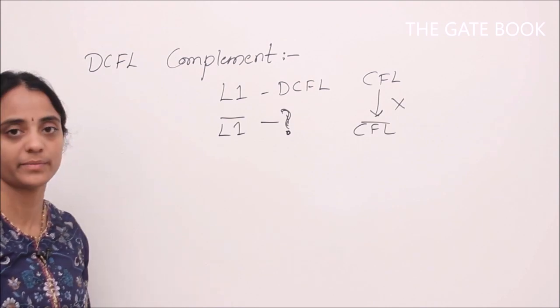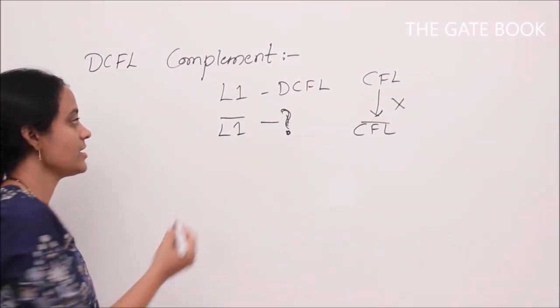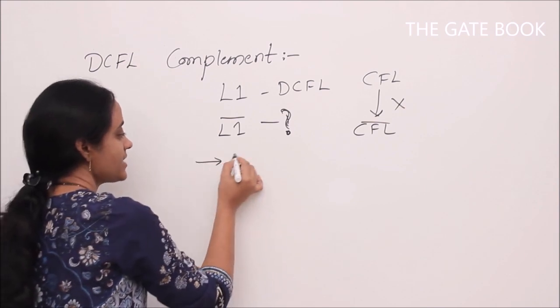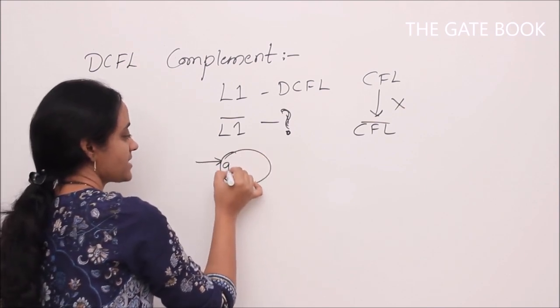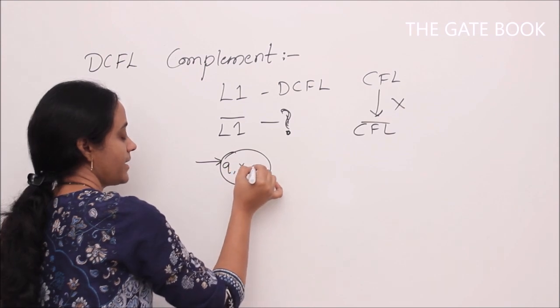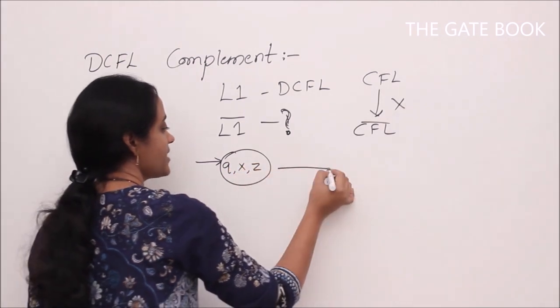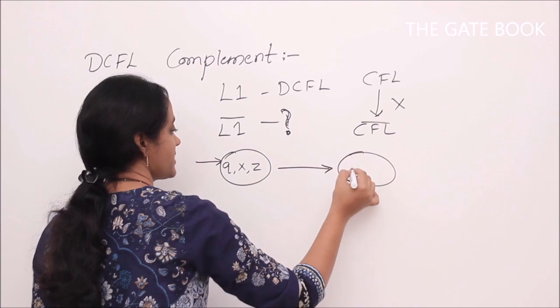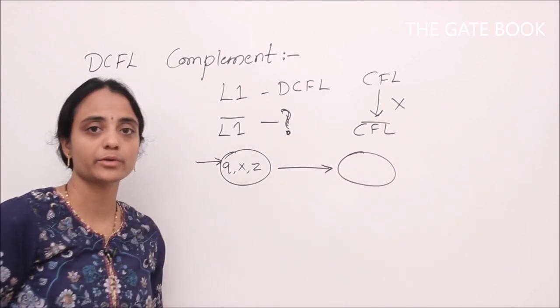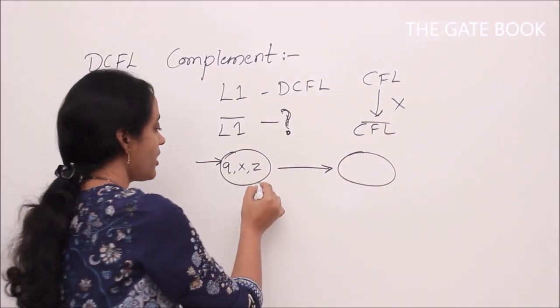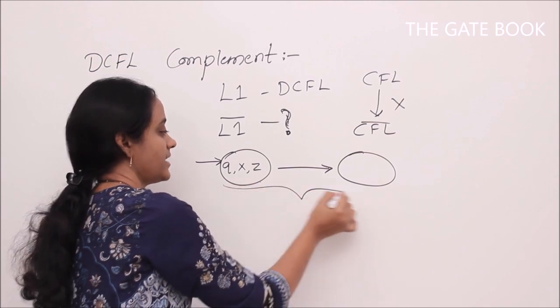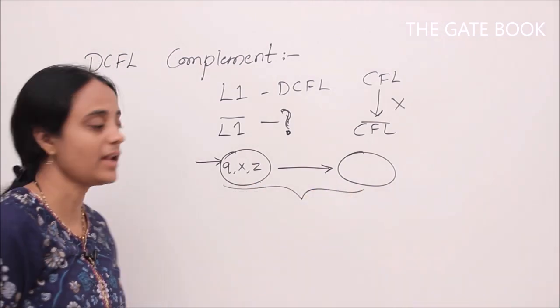Yes, because in a DCFL, for every state, input symbol and stack symbol, there is only one possible transition, right? So assume there is a DPDA for this DCFL.